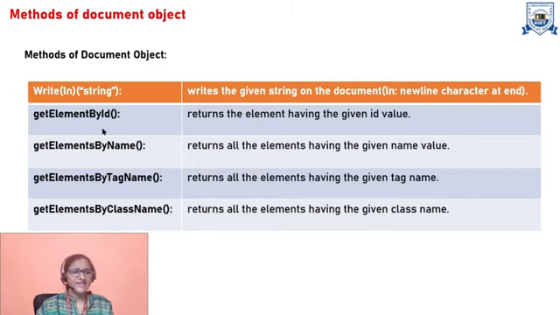Next one is getElementById. It returns the element having the given ID value. getElementsByName: as an ID can be associated with an element, we can also give names to elements, so if we have given a name, it returns the elements having the given name value.